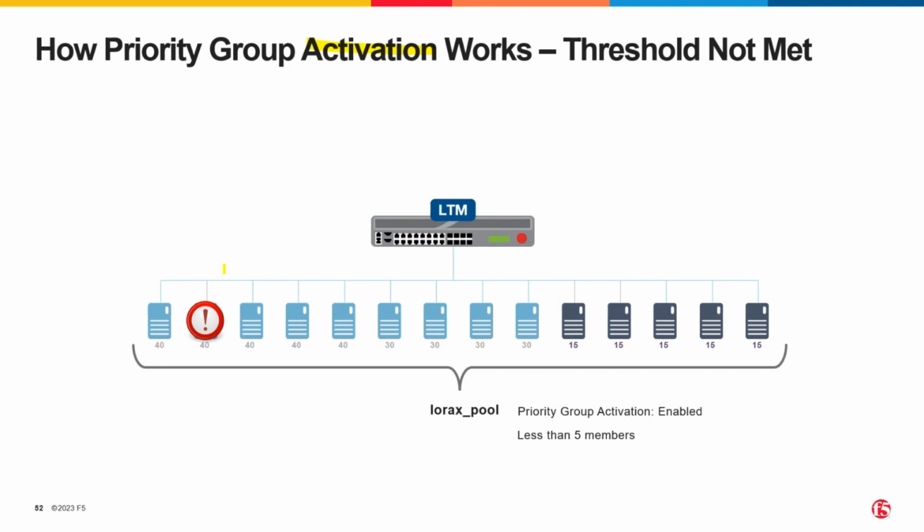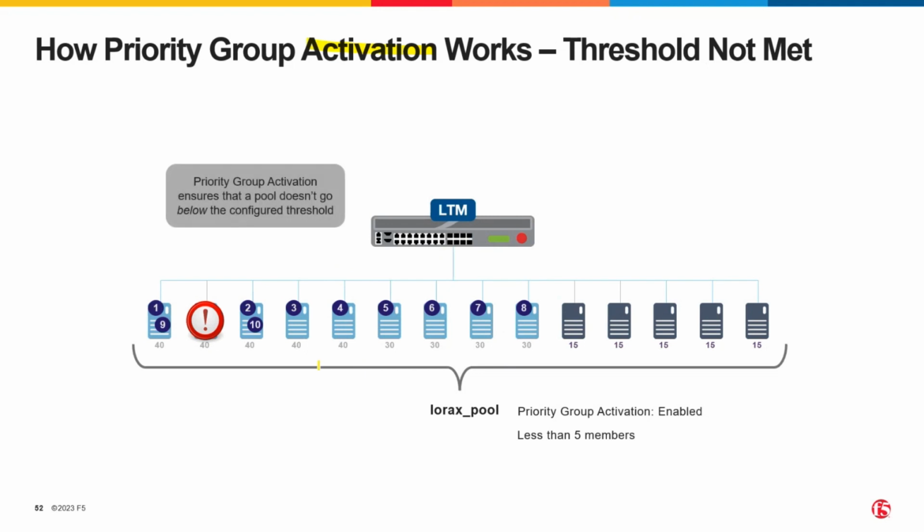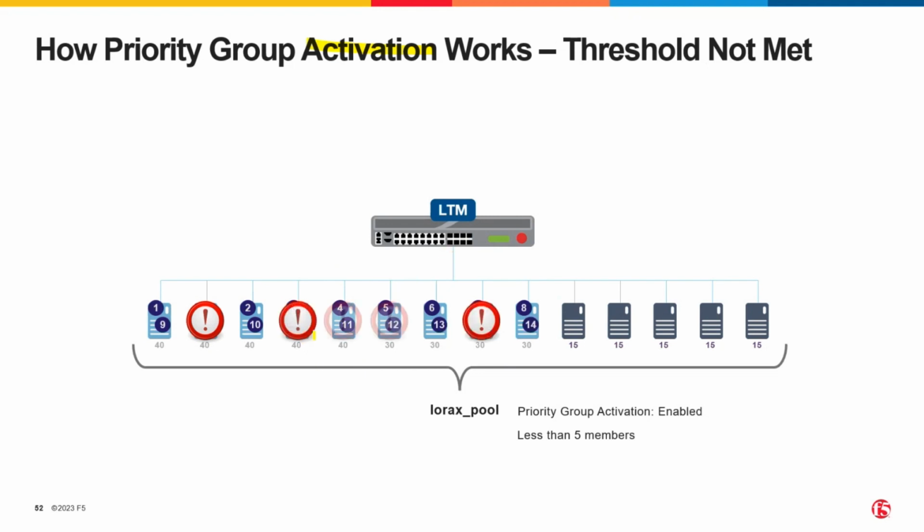Right now, I'm load balancing the traffic across all of those pool members. And again, if they start dying and I have less than 5, then I will activate those values here, so the priority group with number 15.